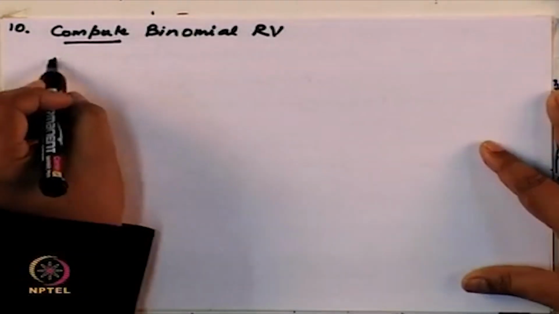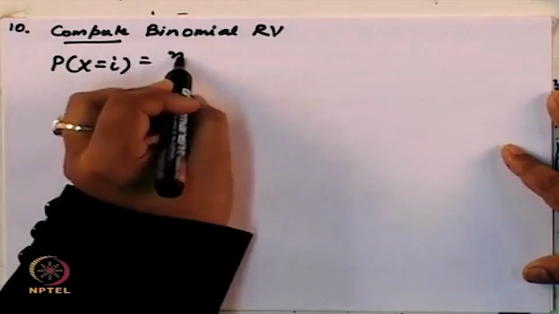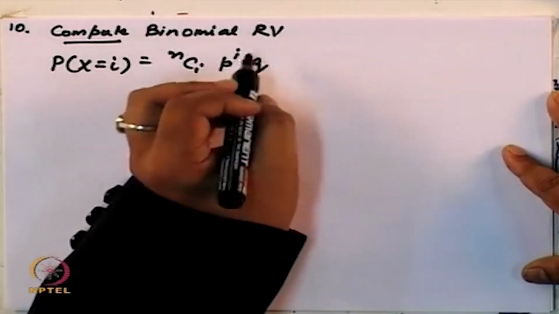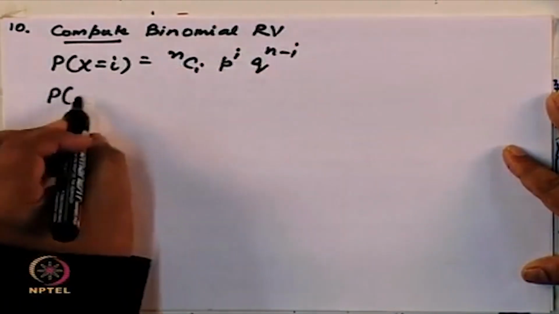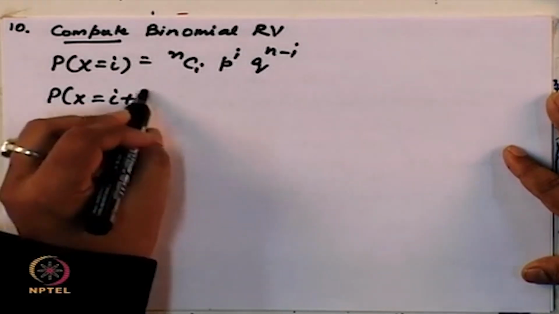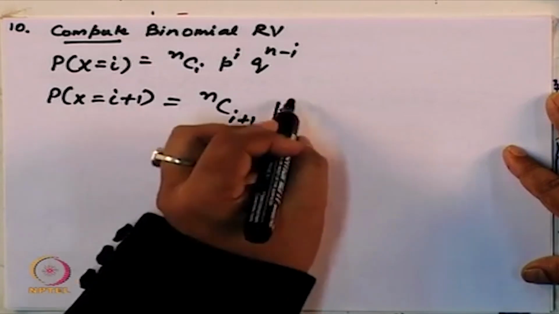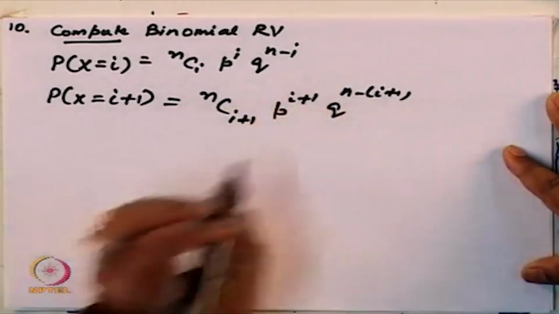Okay. So, you know that probability of x equal to i is equal to nCi p to the power i q to the power n minus i, and probability of x equal to i plus 1 is equal to nC(i+1) p to the power i plus 1 q to the power n minus i minus 1. Okay.